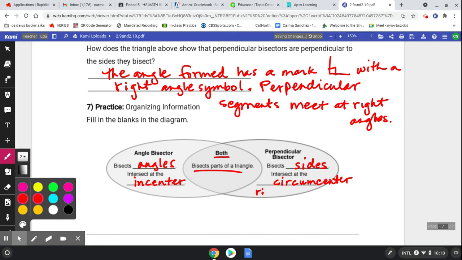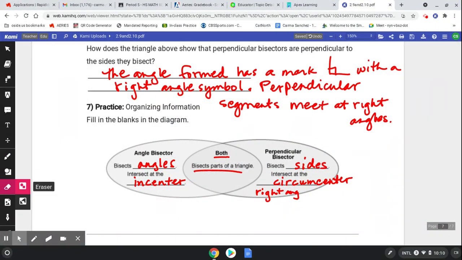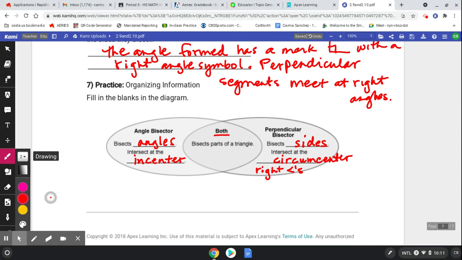And these form right angles. Right angles are formed.